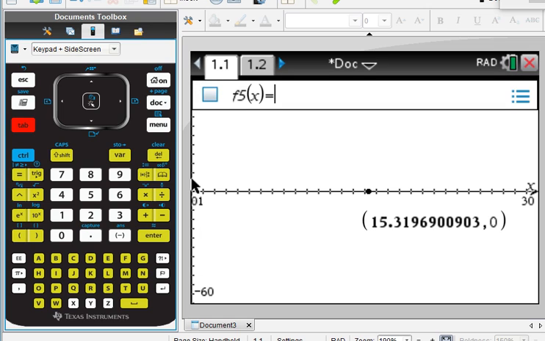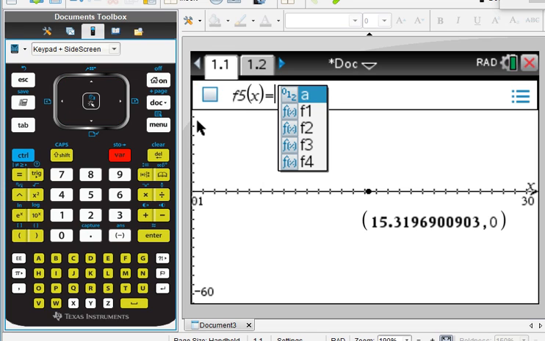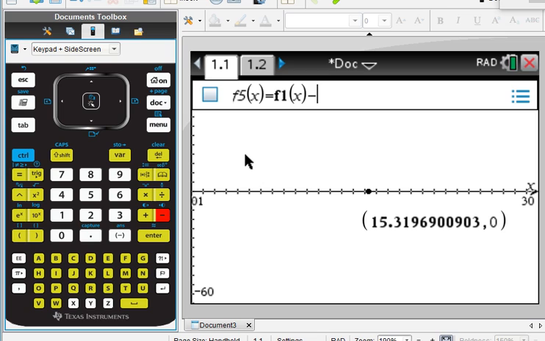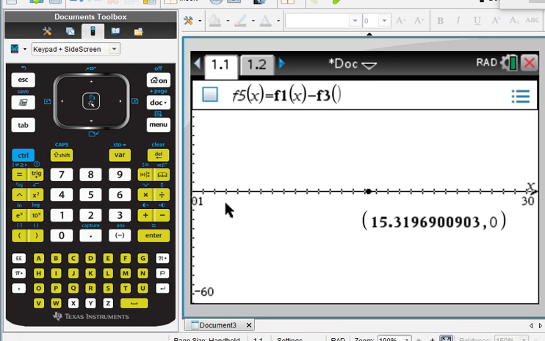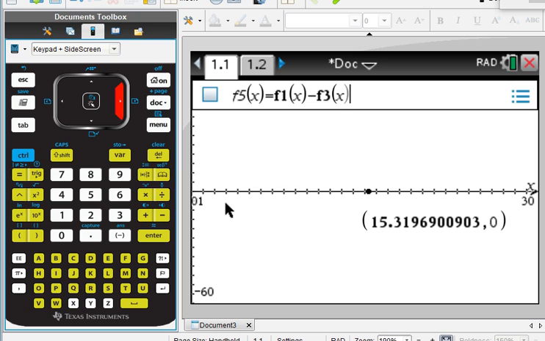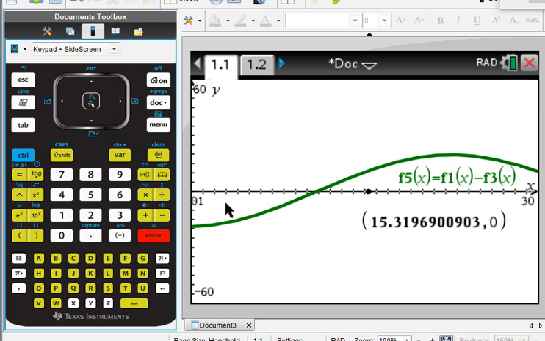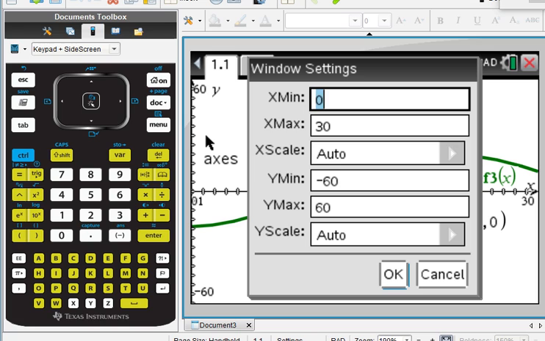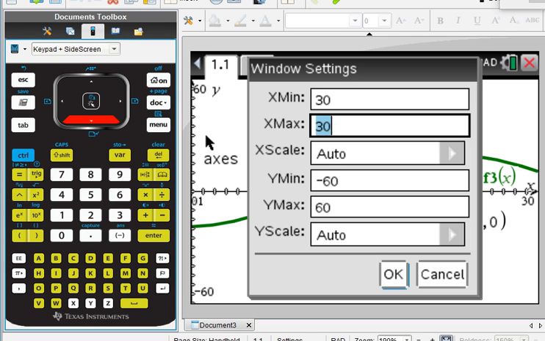We hit enter here, and now this is correct. We've got to change the window size. Notice it starts off negative, which is not what we saw in the other calculator, because the window is from 0 to 30 right now, and that's not what we're looking at. So menu, window zoom, window settings, and now we want the x minimum to be 30 and the x maximum to be 50.